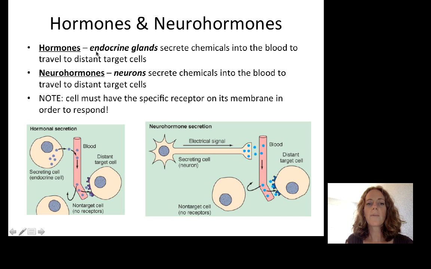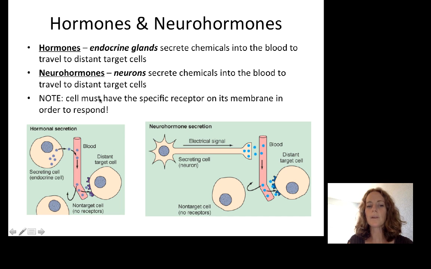If they are from endocrine glands, for example, the pituitary, the thyroid gland, the gonads, other endocrine glands, then they are just general hormones. So these are chemicals that get into the blood and travel to long-distance target cells. Those target cells, in order to respond, have to have a receptor specific to that hormone.